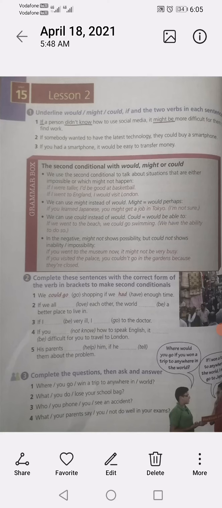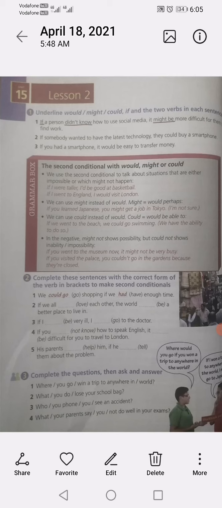Okay. Number 4, if you didn't know how to speak English, it, yes, excellent, it might be difficult for you to travel to London. So number 4, didn't know and might be.